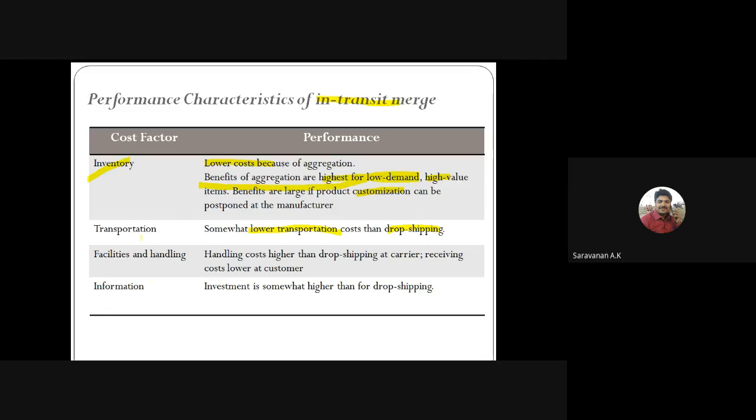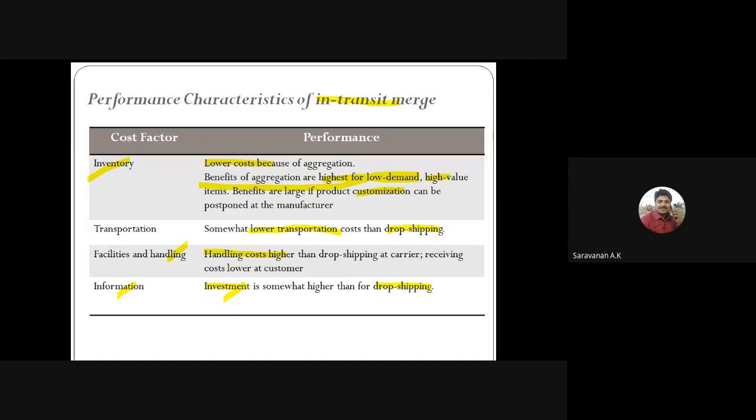So the handling cost is somewhat high, and the information cost is also somewhat high. Once we create the facility and develop the information infrastructure, the information cost is also somewhat higher compared to the first one.